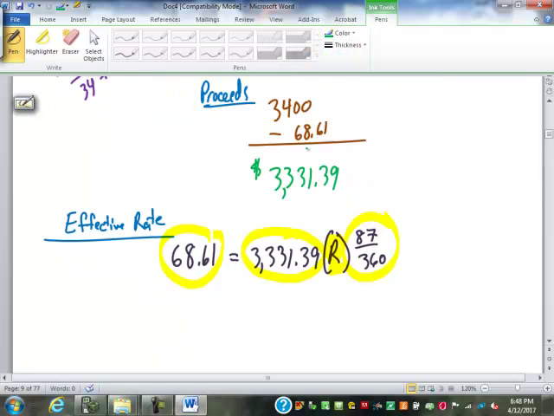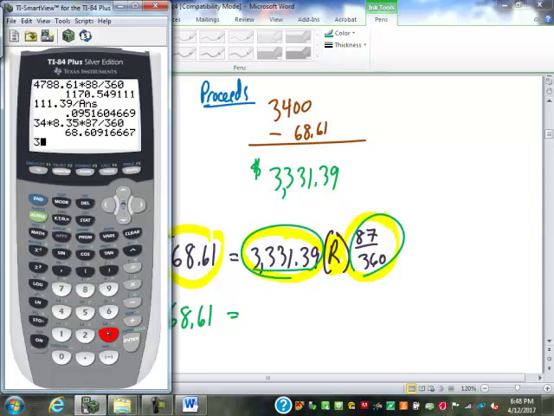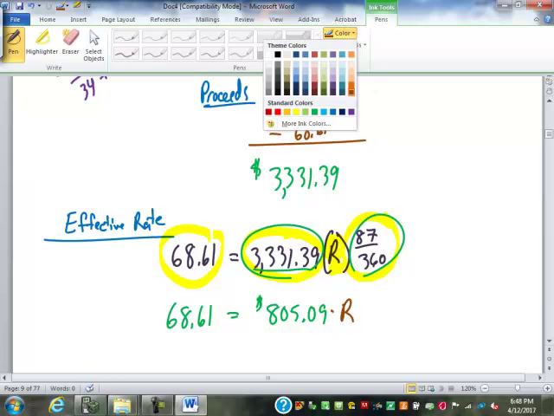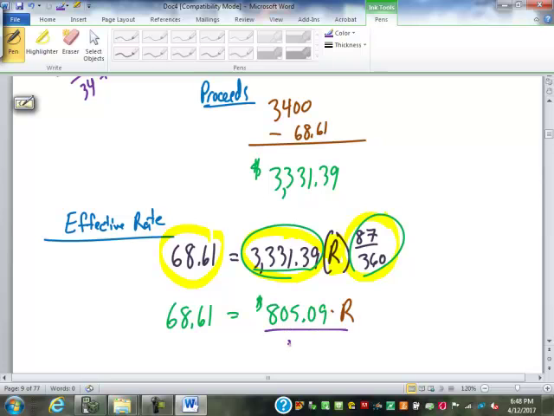So once again, we will combine our proceeds with our time. So 3,331.39 times 87 divided by 360 is $805.09 times R. And again, we're going to keep that in the calculator so we don't round it off.